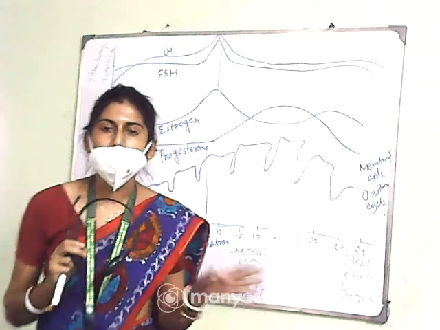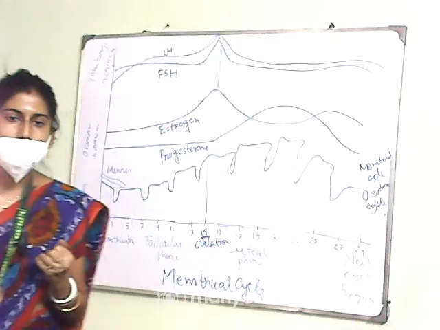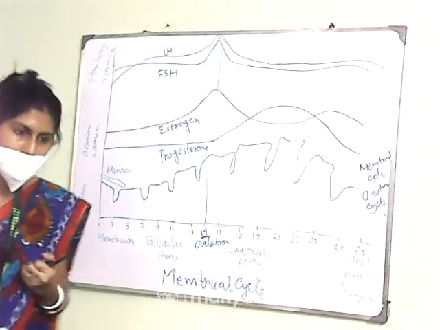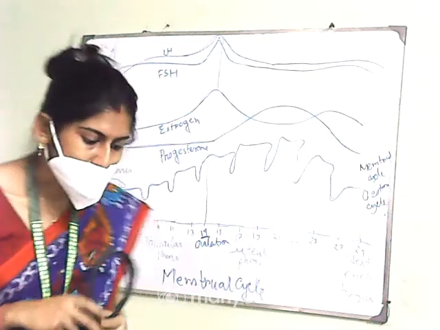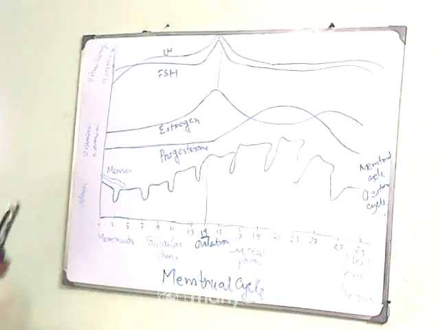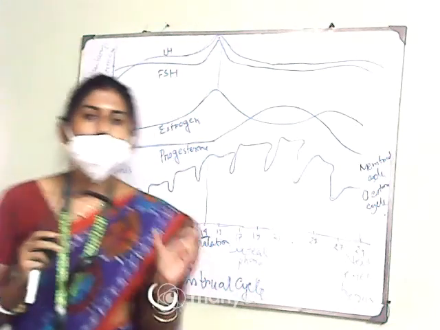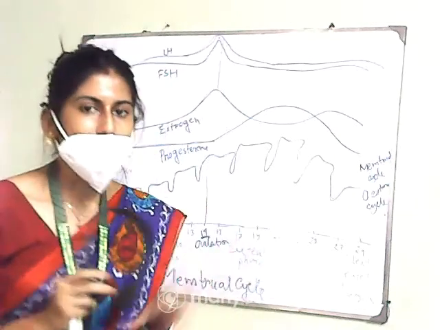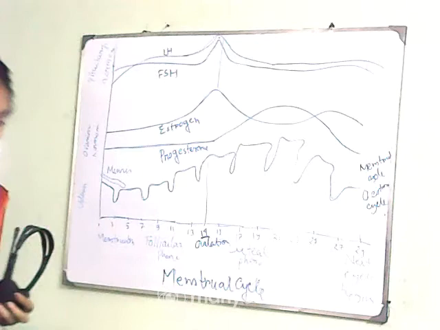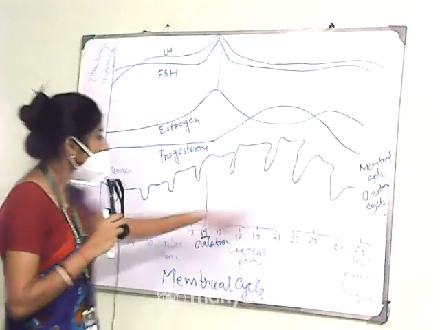As I have mentioned, we are reading about human reproduction, so you have to know the menstrual cycle which can be seen in the human female, right? So why is it called a cycle? Okay, because the time interval of this cycle is generally 28 to 29 days, and in human females this is a continuous process.